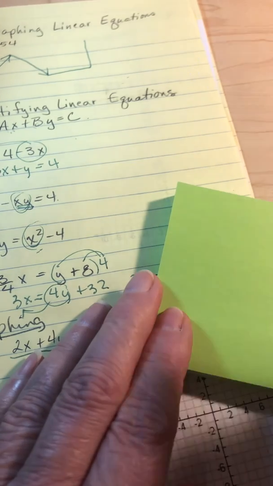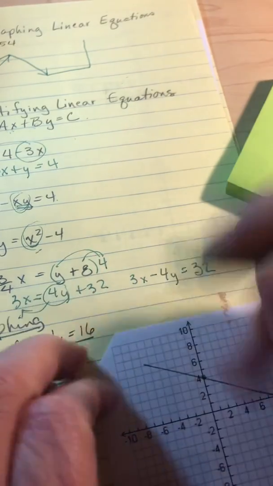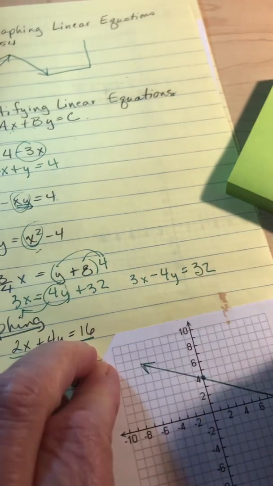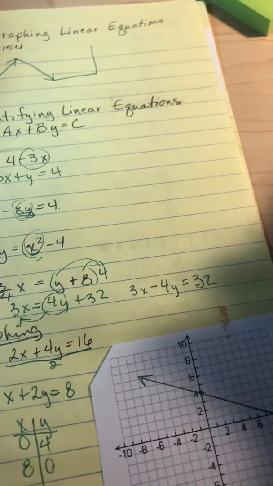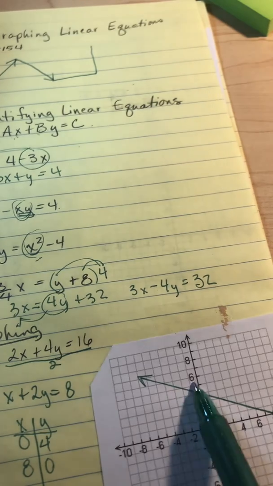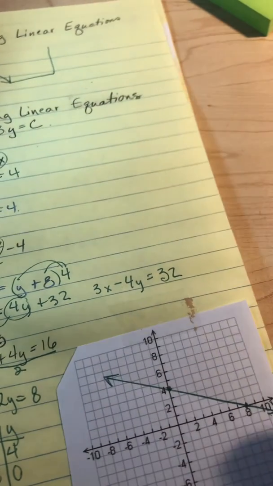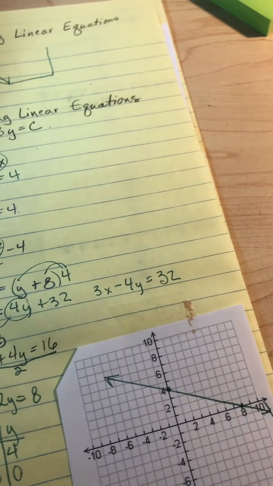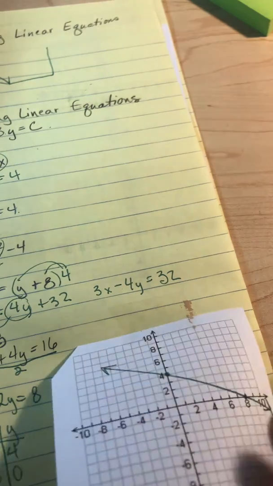Any straight edge will draw you a good line. Okay? And there's my line. And the reason I say use intercepts is because those are the only points I'm going to check to see if you did it right. Sometimes, if they're really close here, I might look out a little farther.